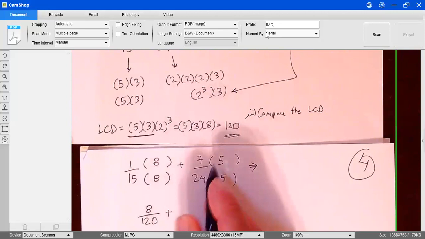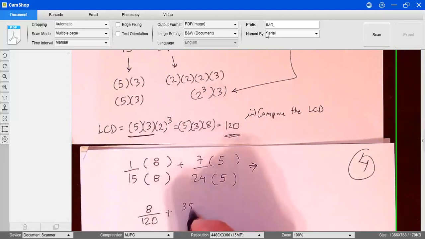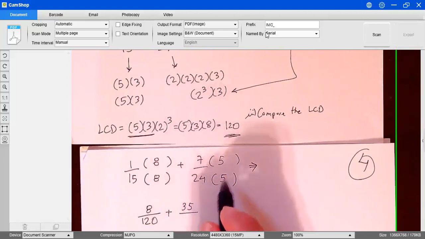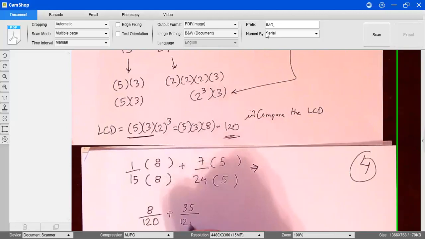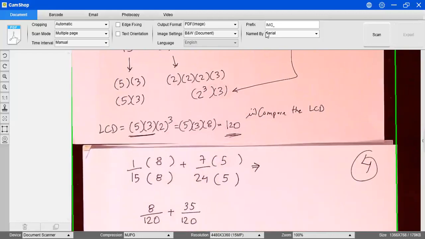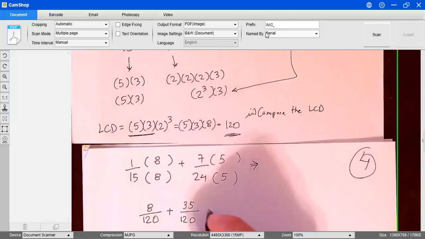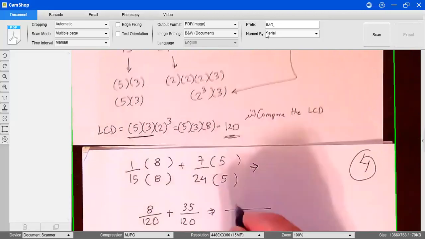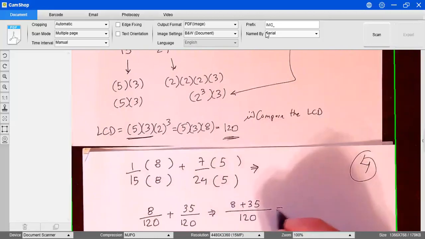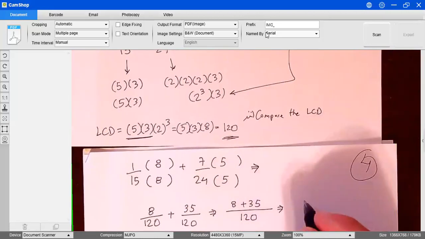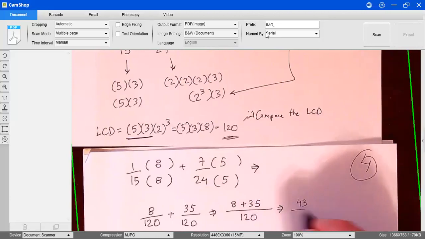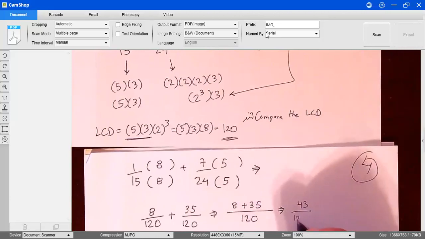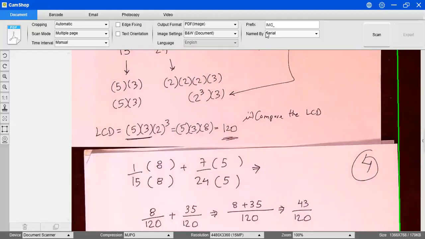Plus 7 times 5 is 35, and again 24 times 5 is 120. So now our problem has two fractions with the same denominator. My common denominator is 120, which is the least common denominator, and I just need to write the sum of the numerators on top and proceed with this addition. You're going to find this to be 43 over 120, and that's it.